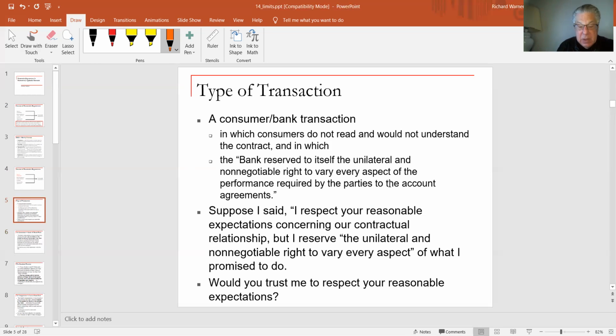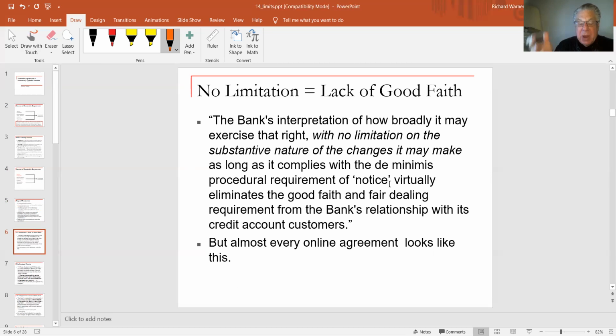We reserve the right to change anything, with no limitation on the changes that we make. It may change anything as long as it complies with the de minimis procedural requirement of notice, by which they mean, look, the bank says, well, we told them we made the change. They sent a piece of paper in the envelope in the monthly statements.